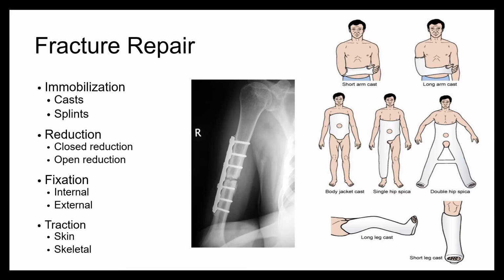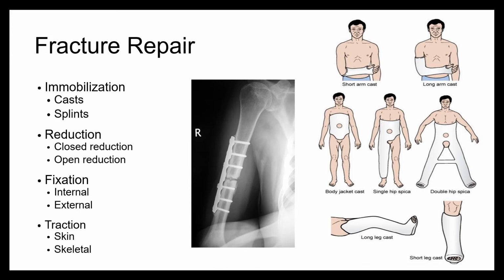Fixation can be internal or external. With internal fixation, the devices are placed inside the broken bone, and then the incision is closed back up after the surgery is complete, and you cannot see the fixation devices that were attached to the bone.